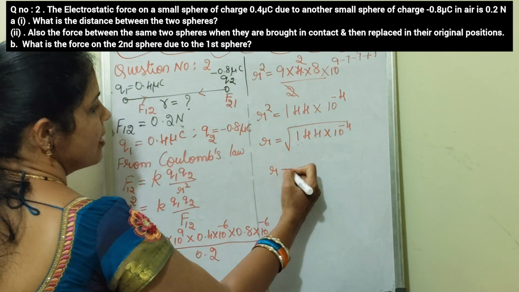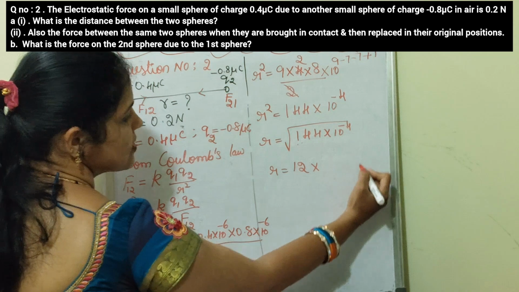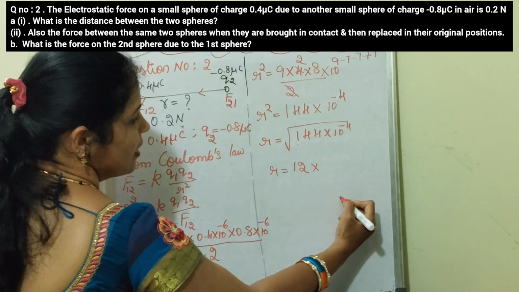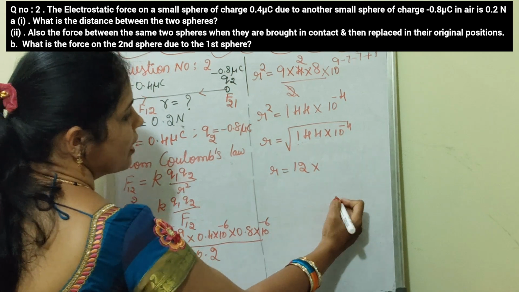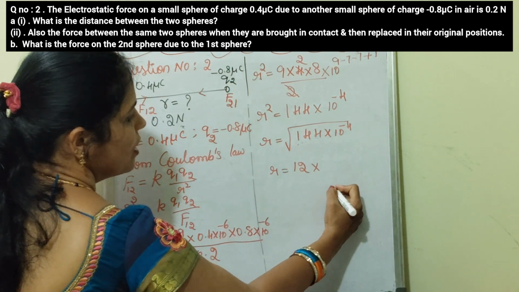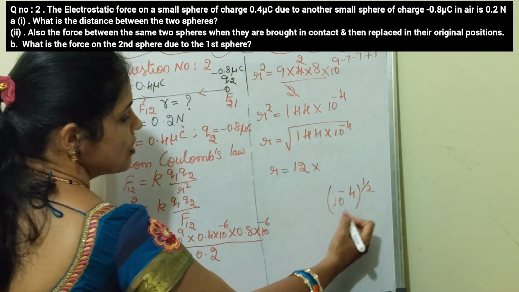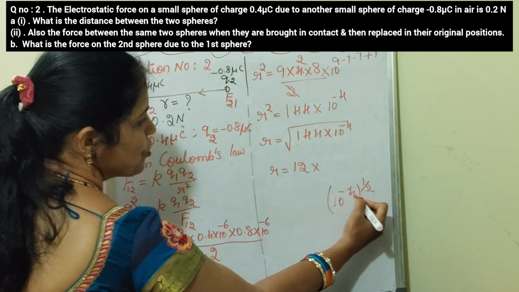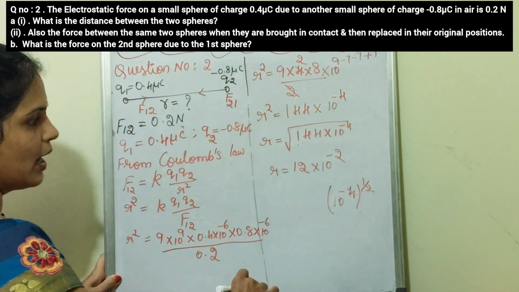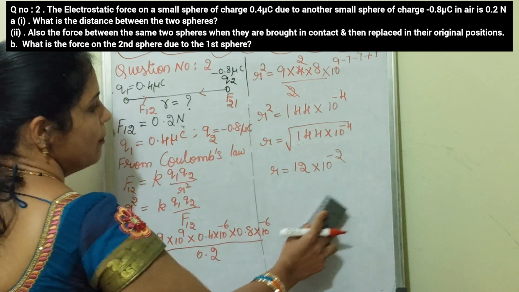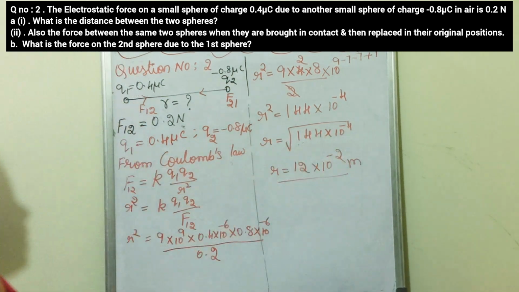So therefore r is 12, and the square root of 10 to the power minus 4 is half of the power, minus 4 by 2 is minus 2. So 12 into 10 to the power minus 2 meter is the answer.